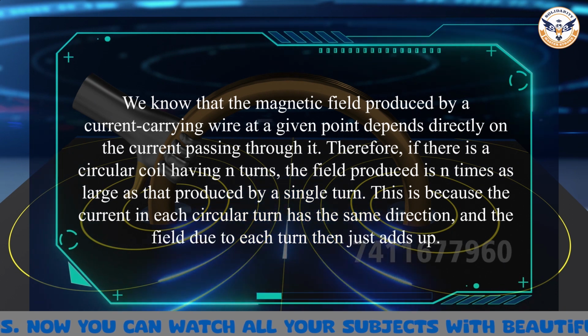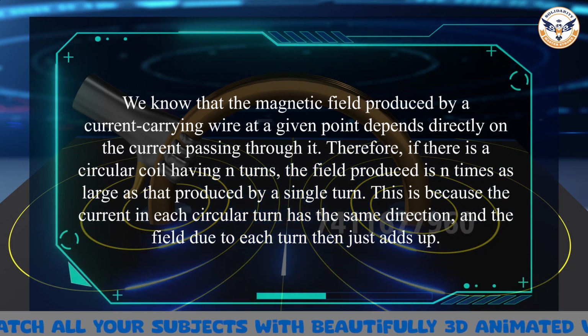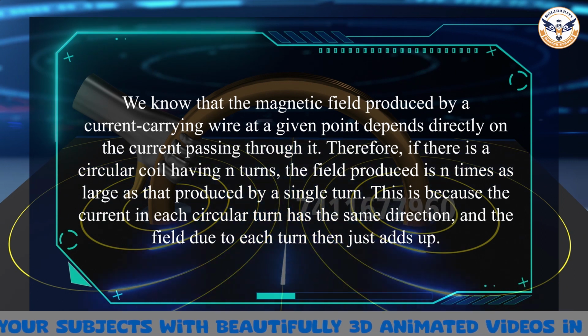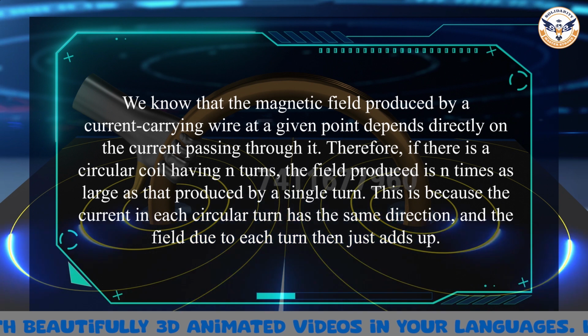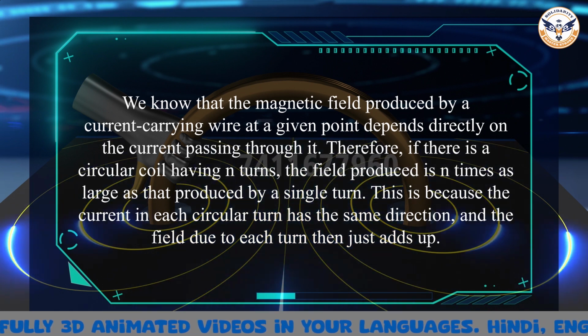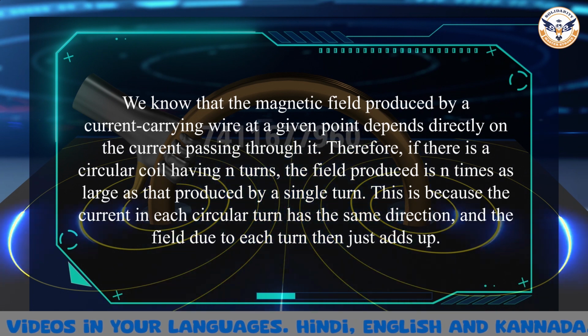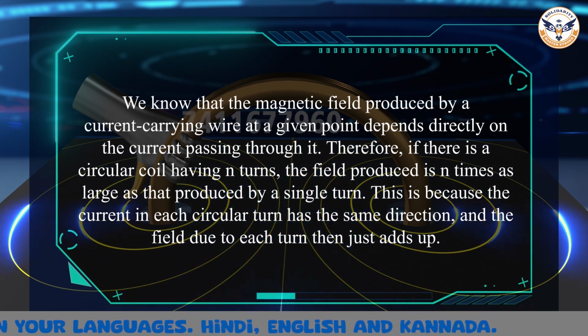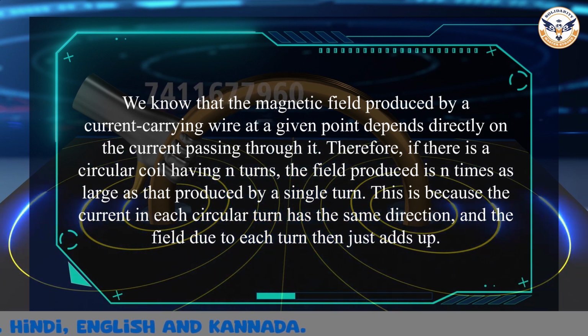Therefore, if there is a circular coil having n turns, the field produced is n times as large as that produced by a single turn. This is because the current in each circular turn has the same direction, and the field due to each turn then just adds up.